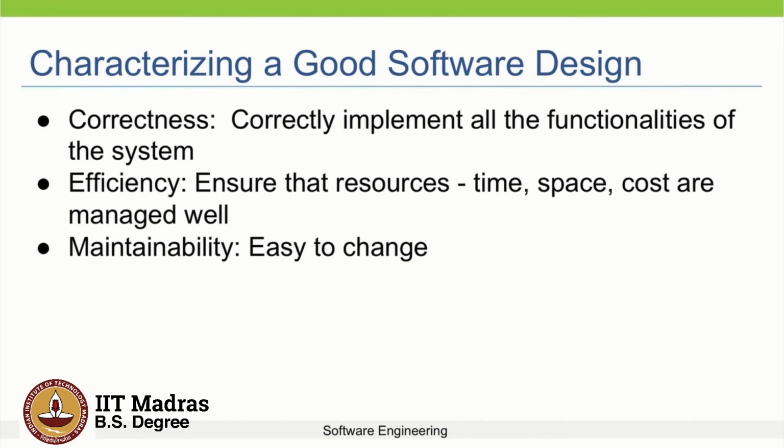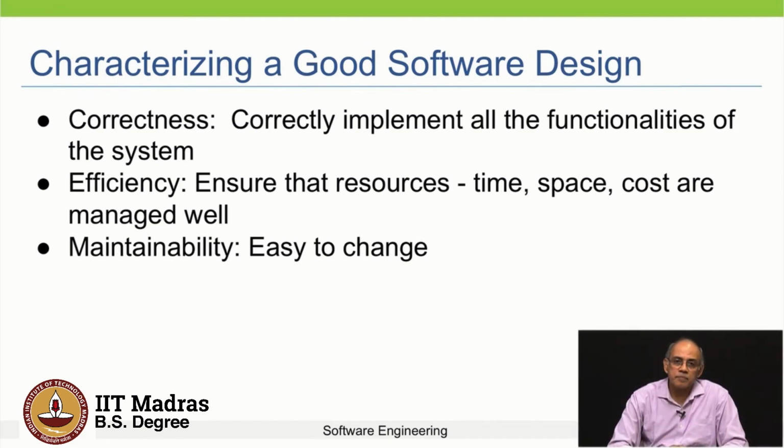One more important characteristic is maintainability. That is, is it easy to maintain the code or change the code or make some changes? As we saw earlier, requirements can change either during the process of software design itself or later. New requests can come even after the product is released.